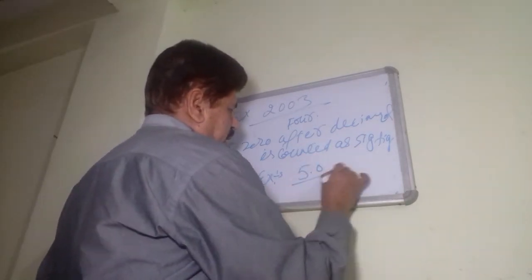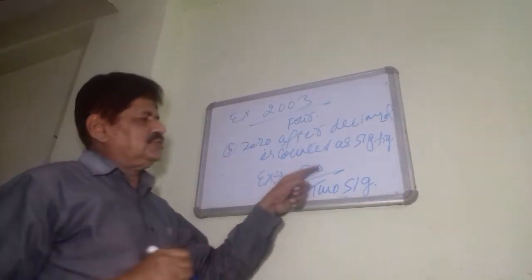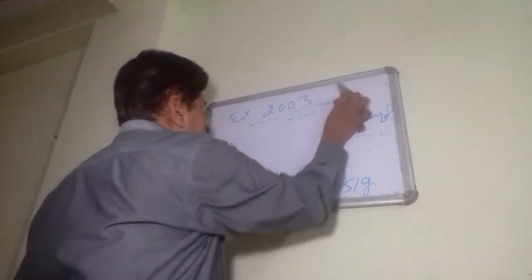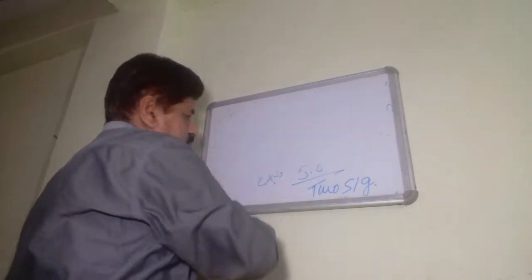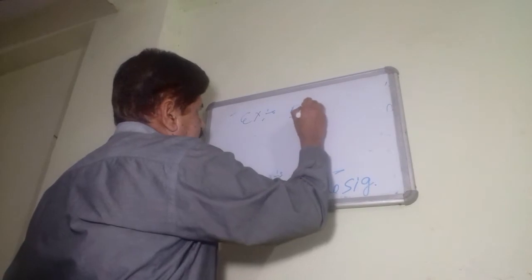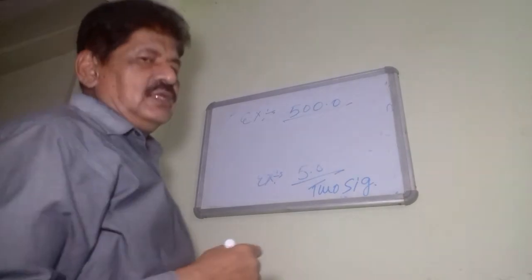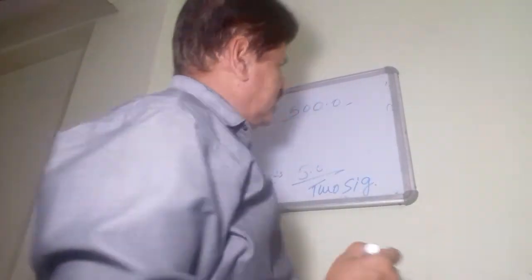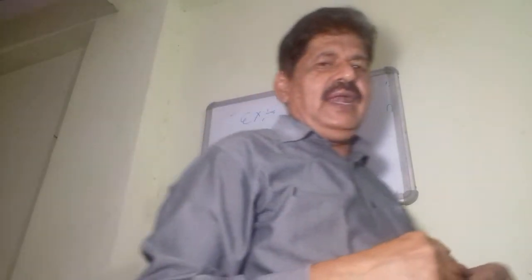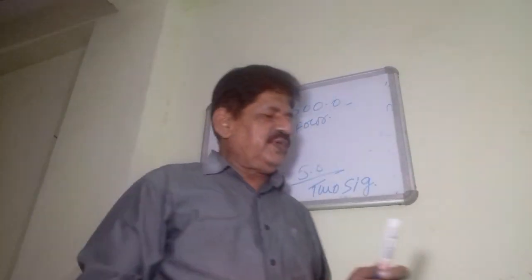So here there are 2 significant figures because this 0 is counted as a significant figure. Another example, 5.000 here 4 significant figures are there, and the last power of 10 is not counted as a significant figure.